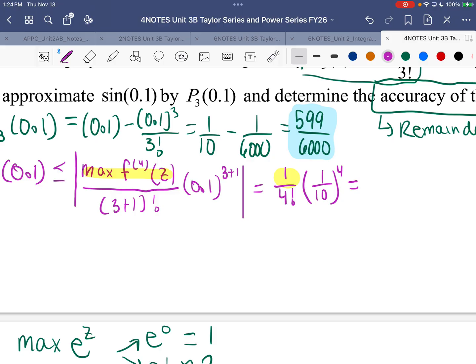Okay, so now we have 10,000 times 1/24. Not 24,000. 200. The 1 is multiplying, and you have to keep that 0 in the same spot.